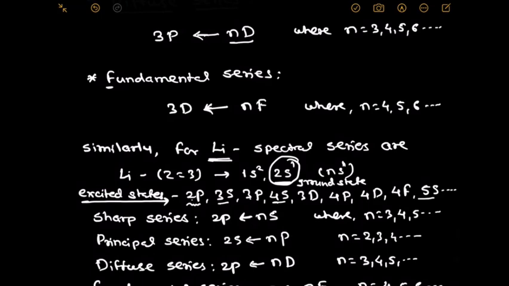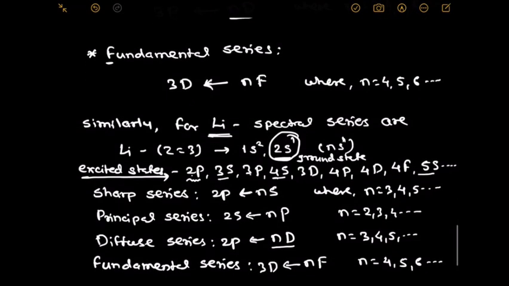Similarly for the diffuse series, the transition takes place from 3d, 4d, 5d and so on, and it ends on the lower fixed state, which is 2p, since all are excited states here.